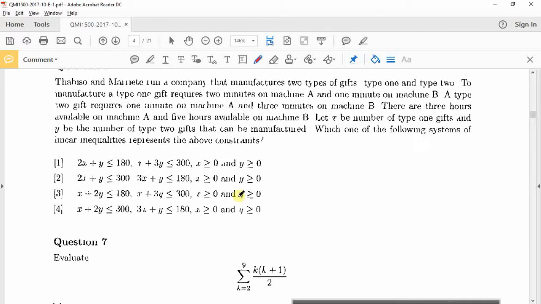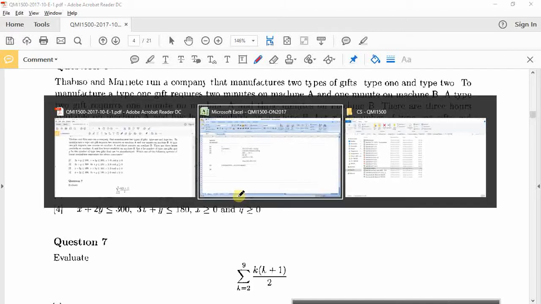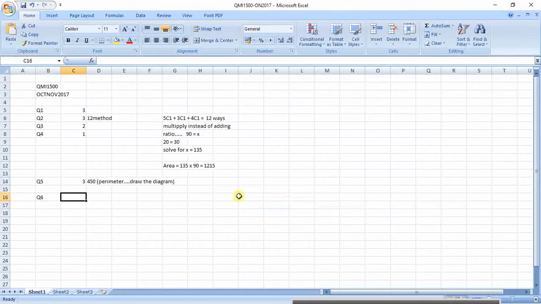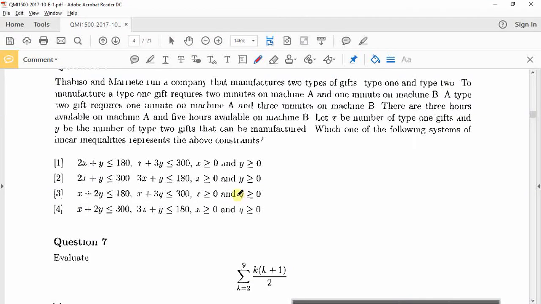That's the one where I worked it out, but I'm not sure about it. Okay, so question 6 is asking about linear inequalities, hey? Inequalities. Okay, linear inequalities meaning we have a range of answers.